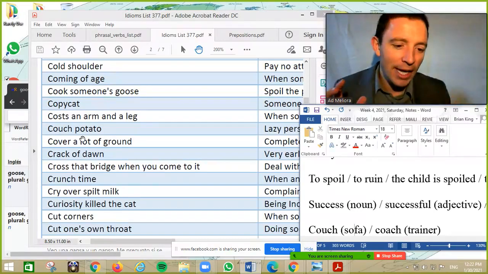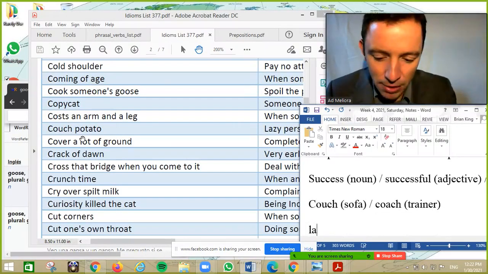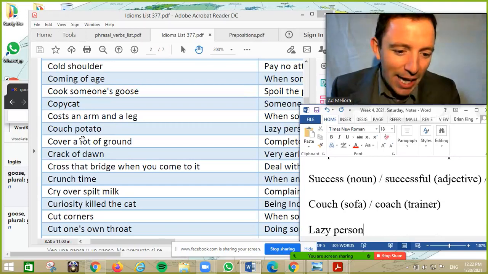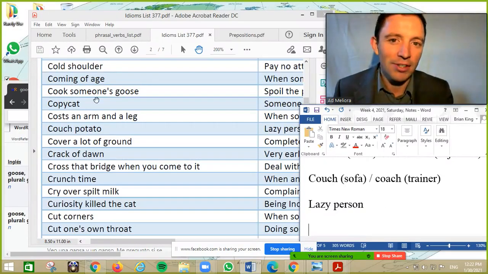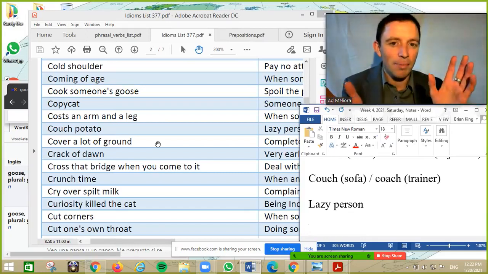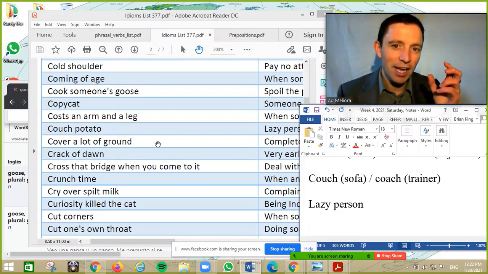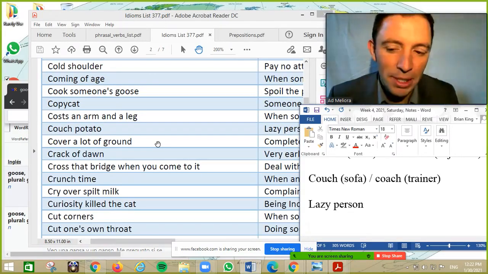Y vago is lazy. So lazy is vago. Lazy person. And a couch potato is this expression, a lazy person. A nini, I know that's an insult in Spanish, but a nini is a couch potato because the potato no tiene mover. Okay? Very famous, very typical.